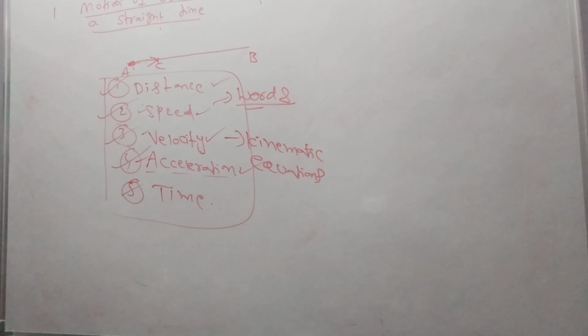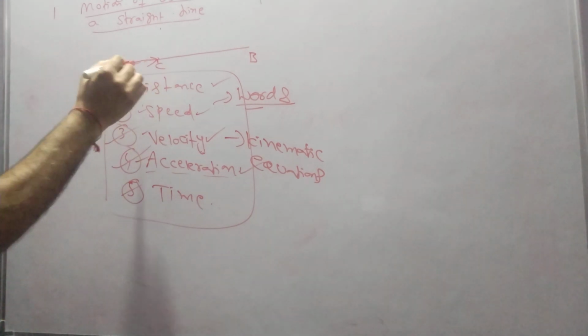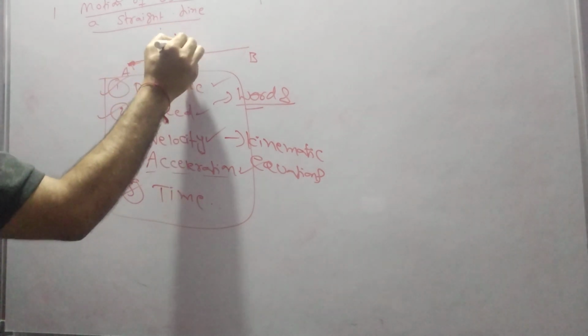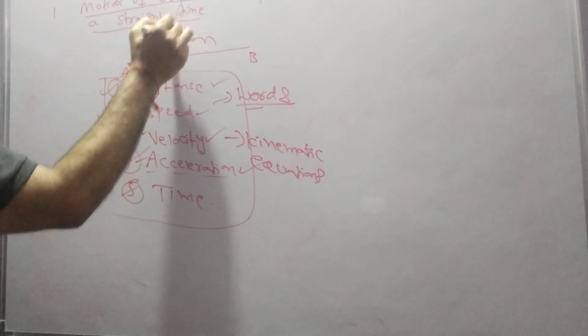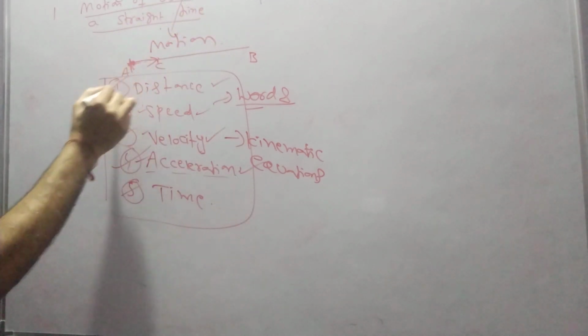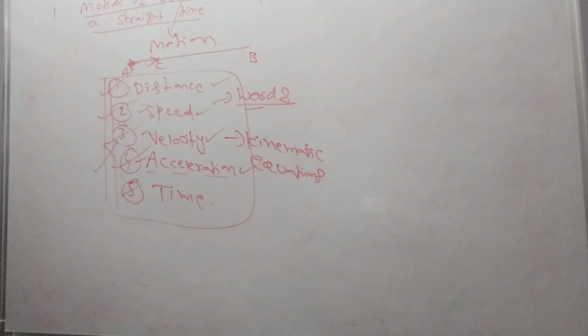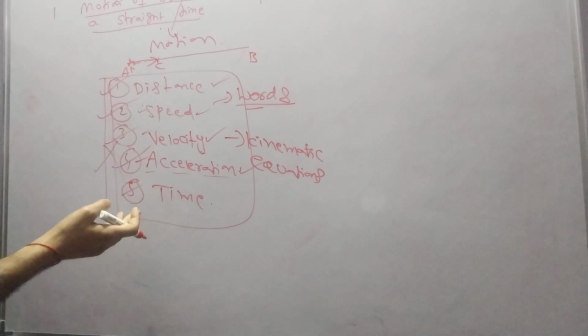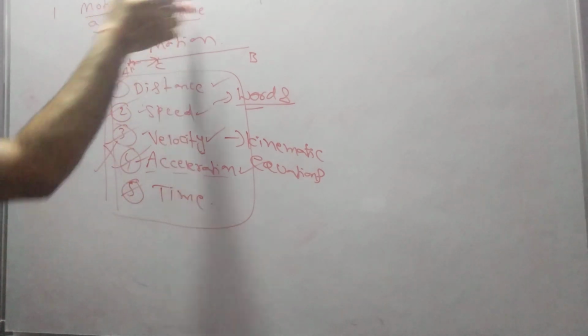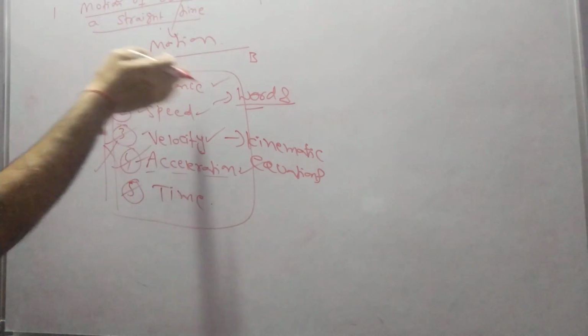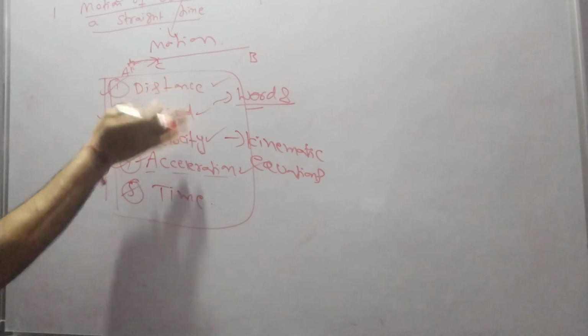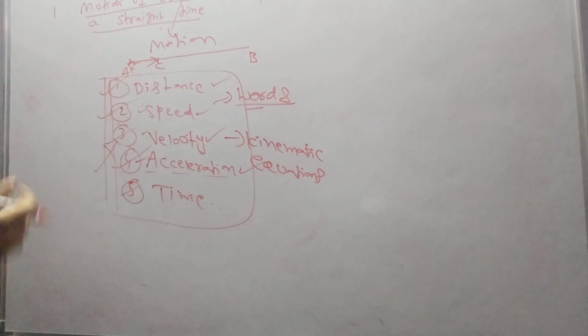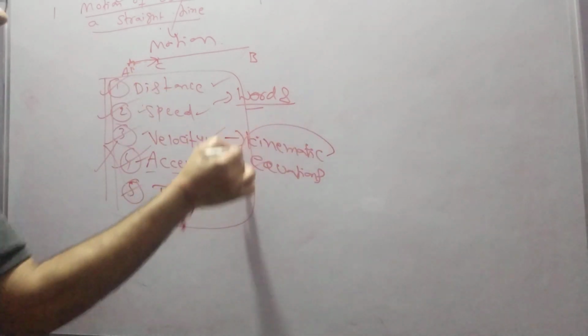These equations apply when the object is in motion in a straight line only. When the object is at rest, these words will not be there: no distance, no velocity, no speed, no time. Only when the object is in motion in a straight line will these words come. So we have to develop relations between these words to get the kinematic equations.